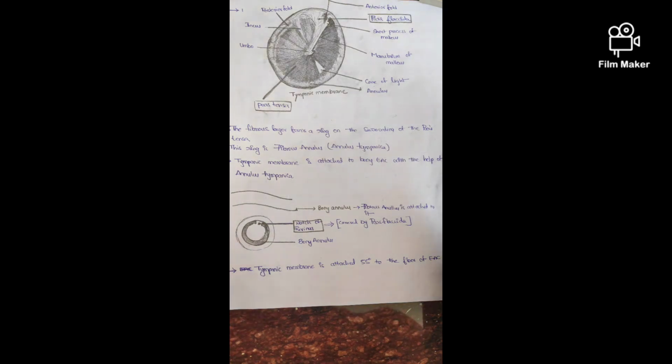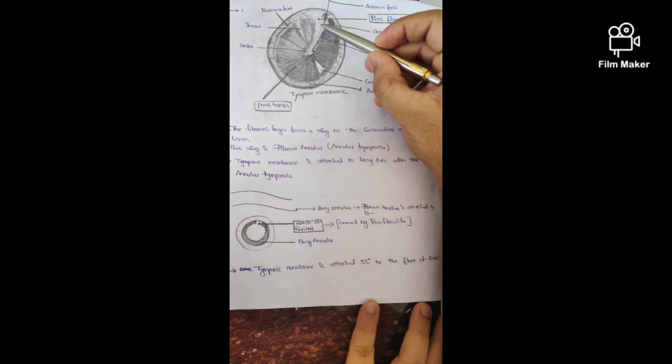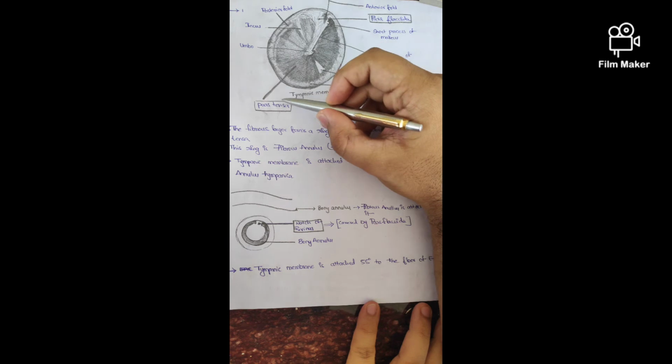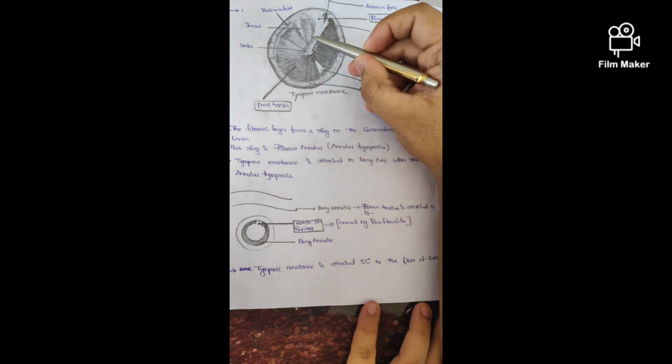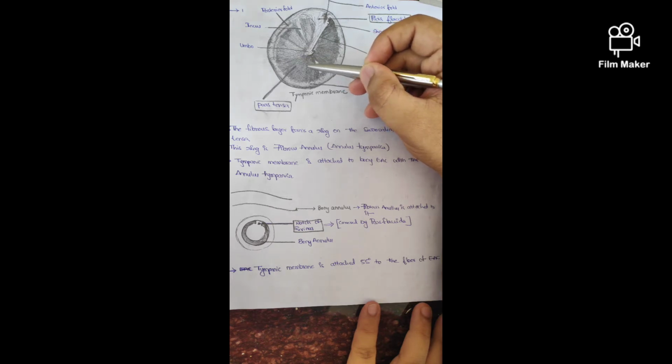Let's see the diagram of the tympanic membrane. The upper part is known as pars flaccida, and the lower part pars tensa. As you can see, the fibers are very scanty here, and here they are organized.